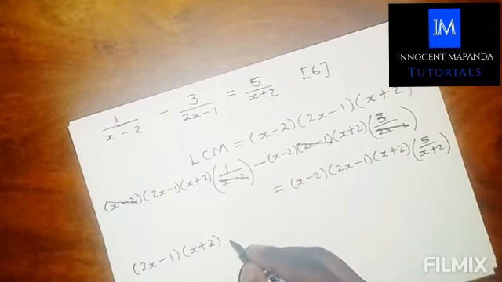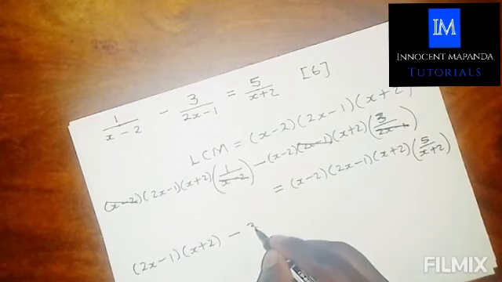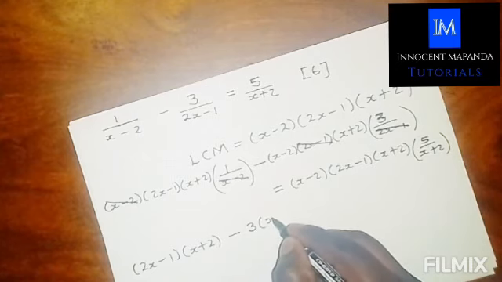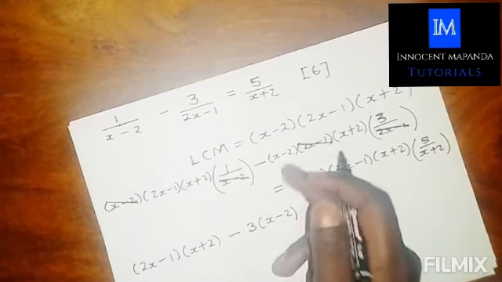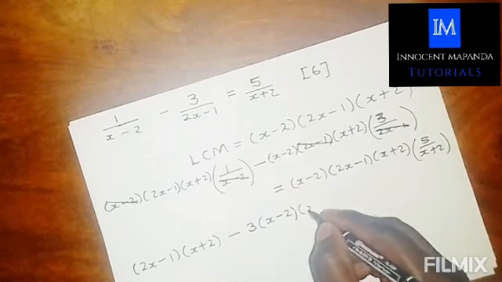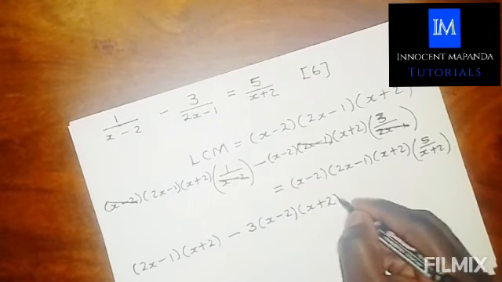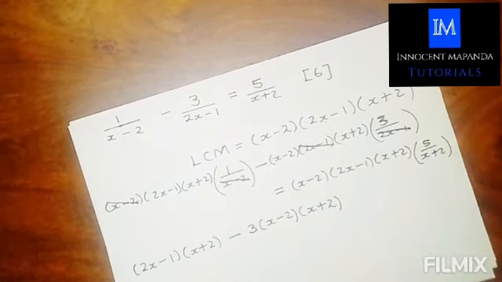When writing your result, you have to start with the number 3, then you put your brackets in front: x minus 2, the remaining bracket, and x plus 2, the second remaining bracket. You start by writing the number followed by the brackets. I hope you are following, class.